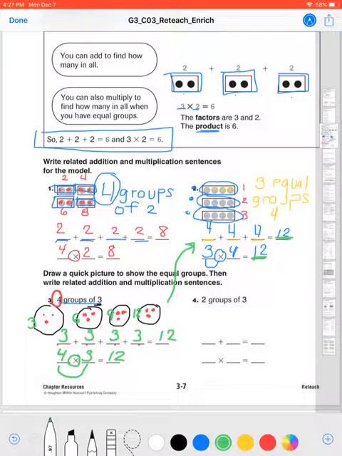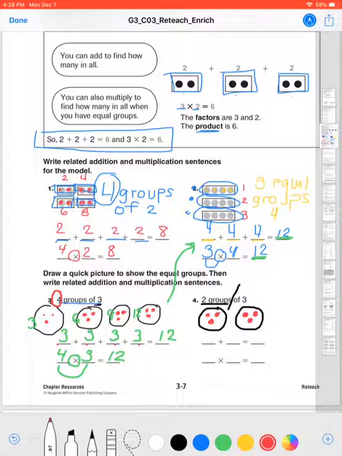Now, the very last question says 2 groups of 3. So I need to draw 2 groups. You can sort of chop this sentence up. You know that you need to have 2 groups. So you would draw 2 groups. And then we need to put 3 in each because the number that comes after the of is how many we're going to put in each group. Now, what number are we adding together 2 times?